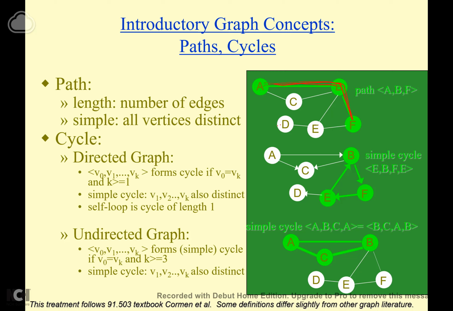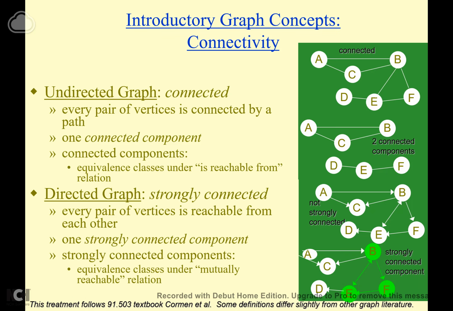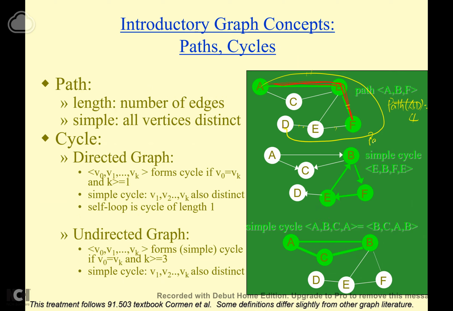From A to D, the path length is 4, right? So the path AD is equal to 4, and path AF is 2, right?